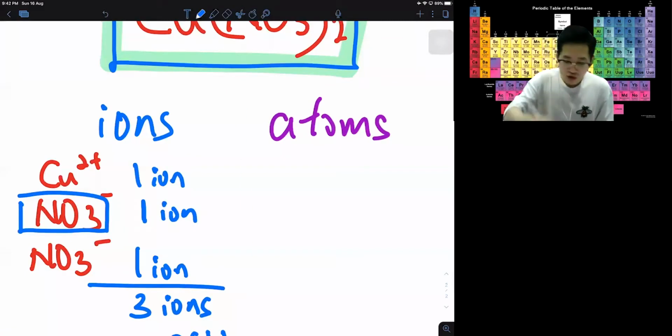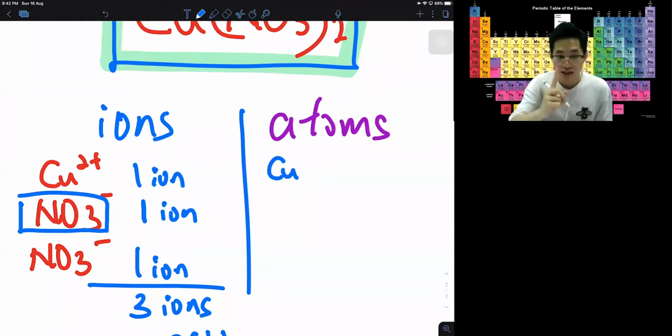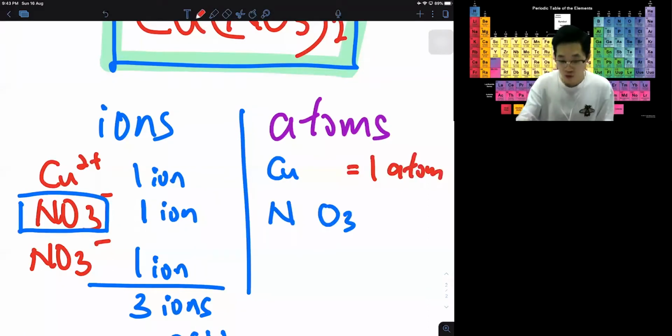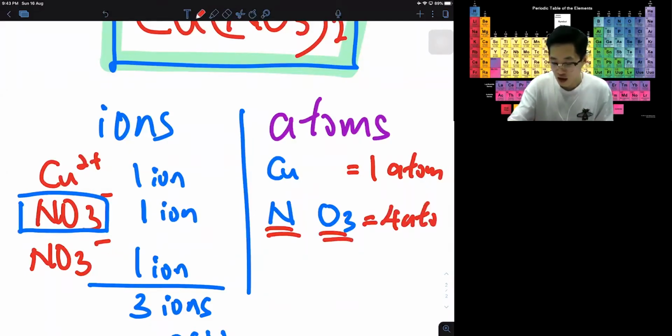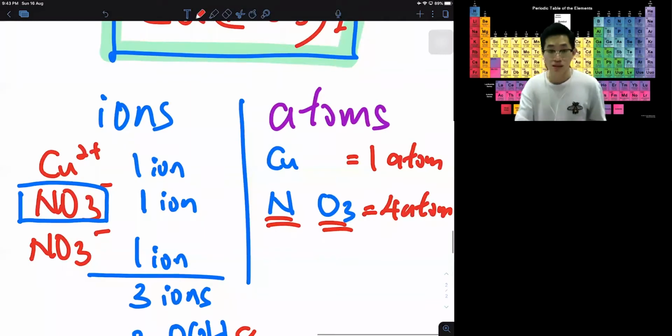But when we are talking about atoms, I got one Cu atom, and NO3 now will become 1, 2, 3, 4 atoms. So you have to know the difference.